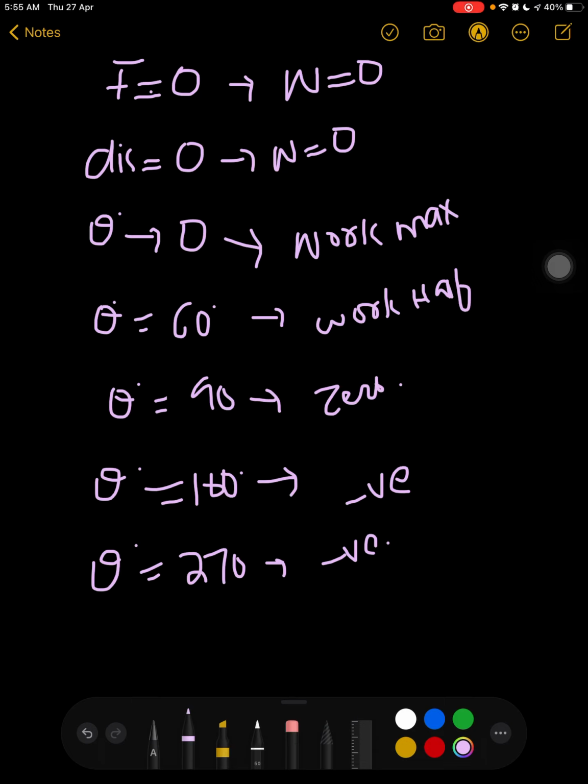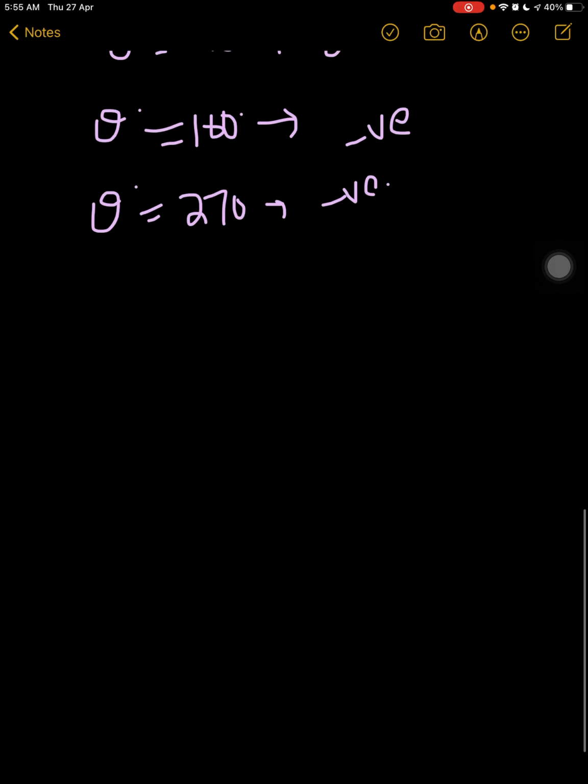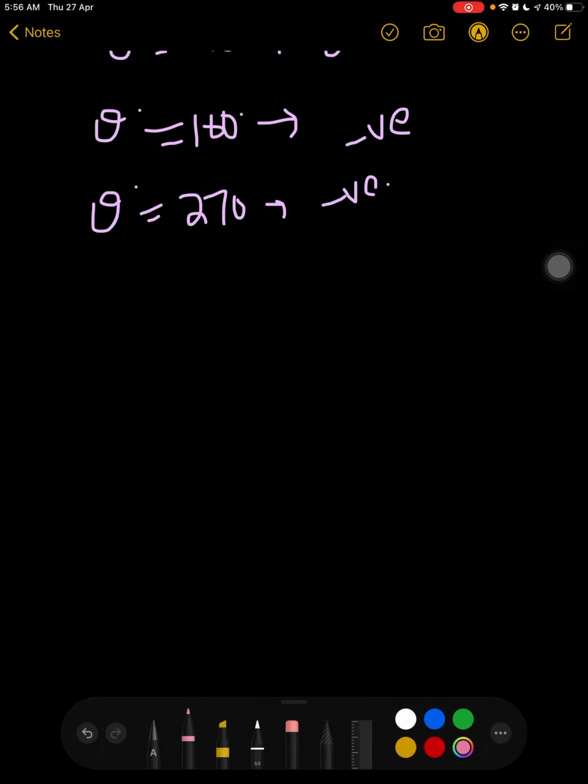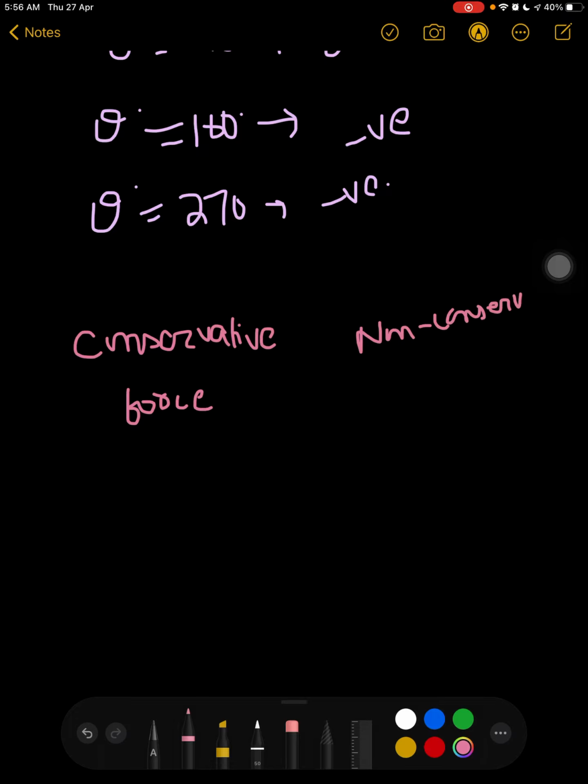Now let's discuss which type of force is required in the work. Basically we have two types of forces. Number one is conservative force, right? And second is non-conservative force, right?